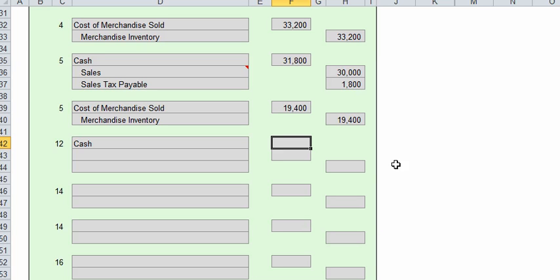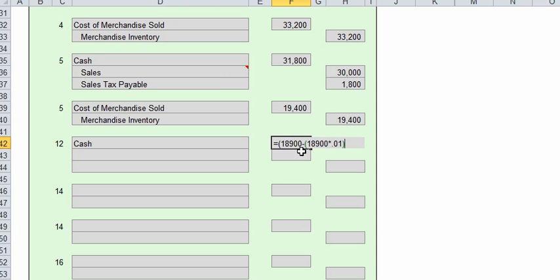That's going to be equal to the sales price, $18,900, minus the sales price times the amount of the discount, 0.01.